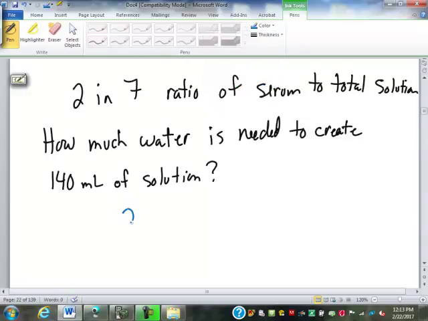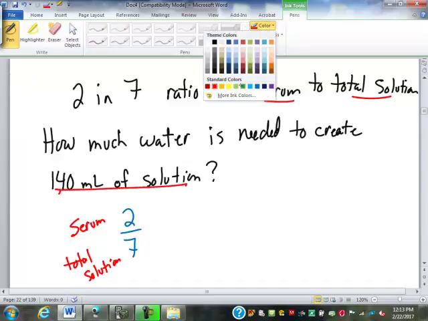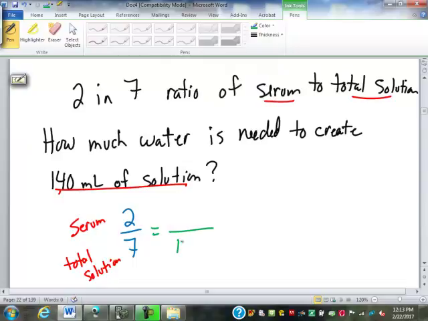Well, that 2:7 ratio here is of serum to total solution. Remember, serum is the medication. The 140 does represent the total solution, so that would fit. But are we looking for the amount of serum? And the answer is no. We're looking for the amount of water.